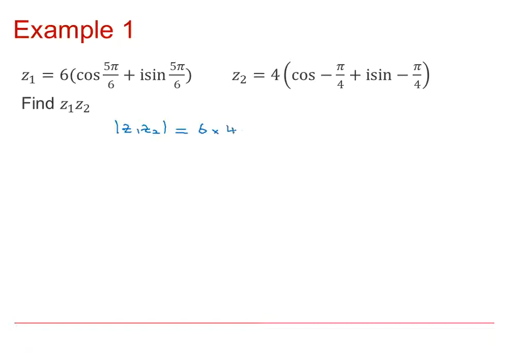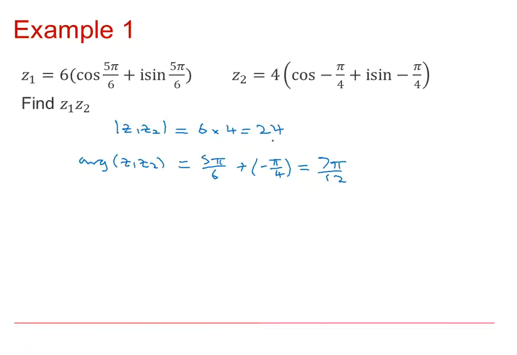So that's 6 times 4 is 24. I've got to do the argument again. I'm going to do it separately. The argument of the answer, the argument of z1 z2, should be the sum of their individual arguments. So the argument should be 5 pi by 6 plus minus pi by 4. So the argument of the answer is 7 pi by 12.